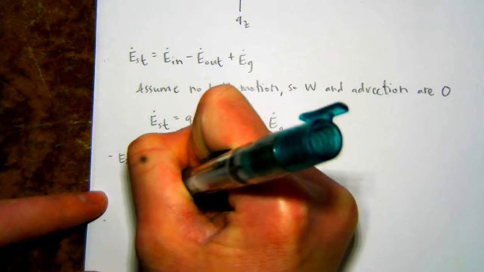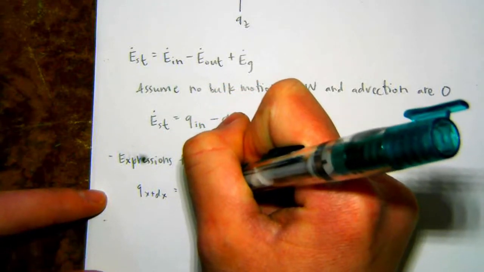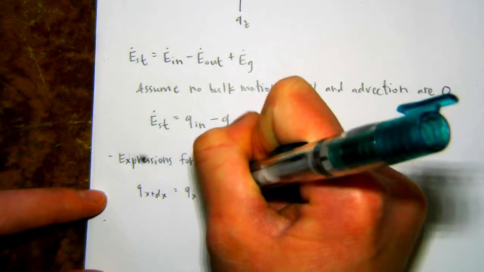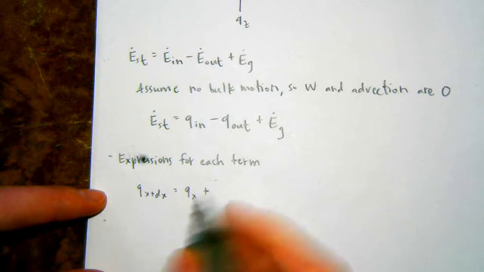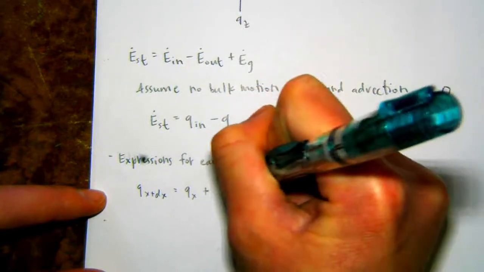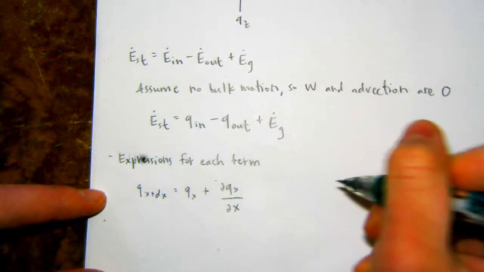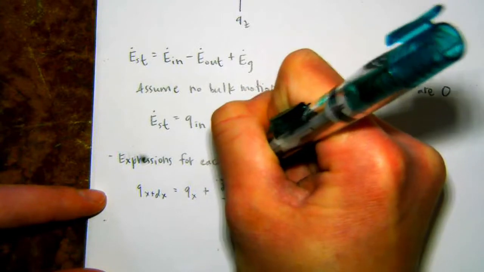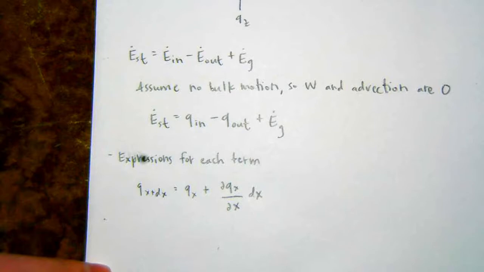Since this is just a change over an infinitesimally small distance, we're going to say that the conduction rate leaving the element is equal to the conduction rate entering the element plus the change in that rate, so the partial derivative with respect to x, multiplied by the distance that it's moved, or the distance of the element.